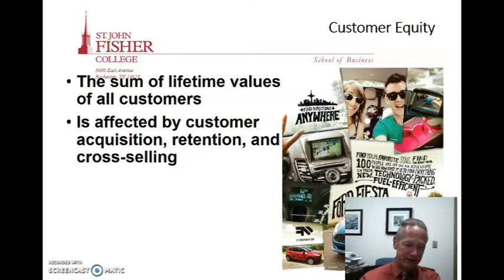You're going to live to your 100, so that means that you're going to live another 80 years. You're going to really have, say, buy another 20 cars at an average price of, say, $70,000 a car. You're worth $1.4 million to Ford if they can keep you. That's what's called customer equity.